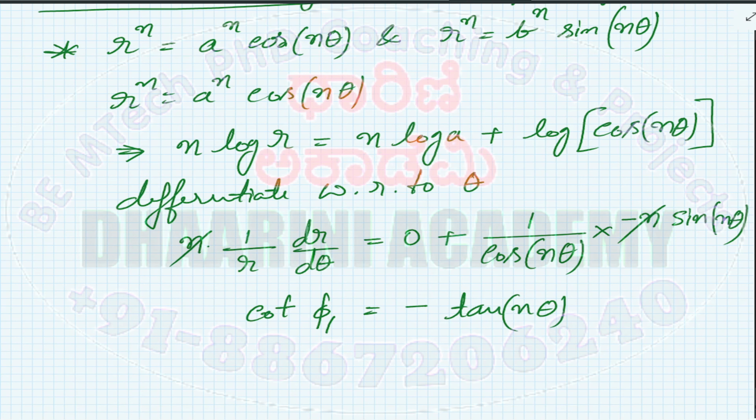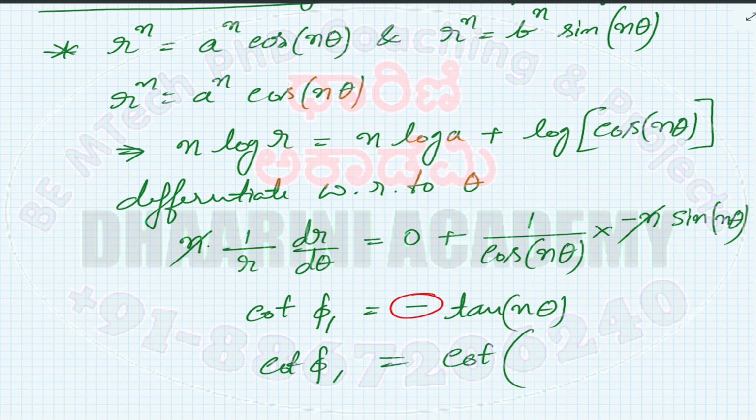So cot is negative. In which quadrant is cot negative? If you remember, cot is negative in the second quadrant, which means it has to be pi by 2 plus something. If I have cot phi 1 equal to cot of something, then I can relate them. How do you identify that? You just have to look at the sign. If it is negative, then you have to identify the quadrant where cot is negative.